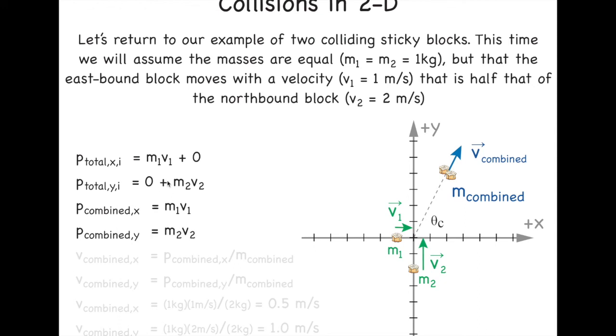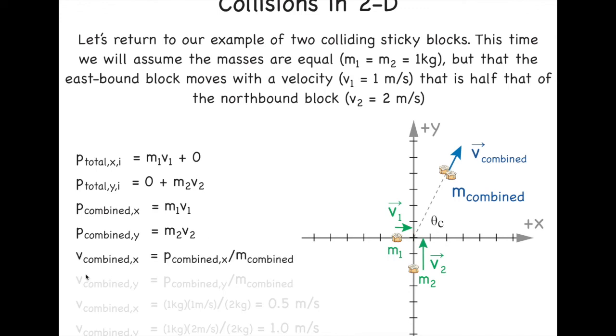So afterwards, the combined block must have a momentum in the x direction that is just equal to what it was initially, which is m1v1. And the final momentum in the y direction, that of the combined block, has to equal the total momentum in the y direction, which was just m2v2. So the combined block is going to have a y momentum of m2v2.